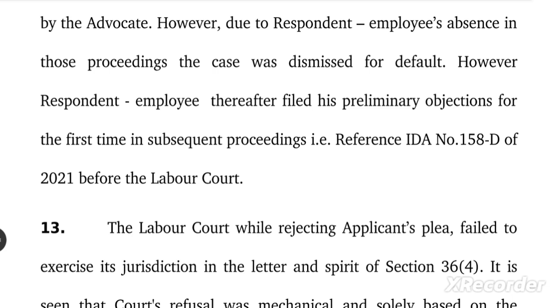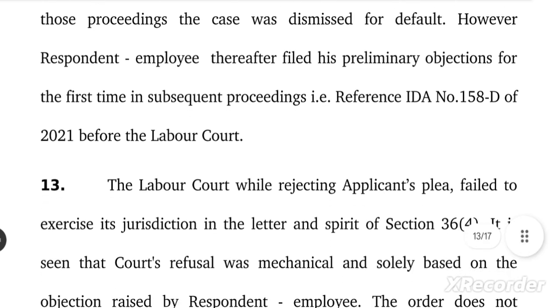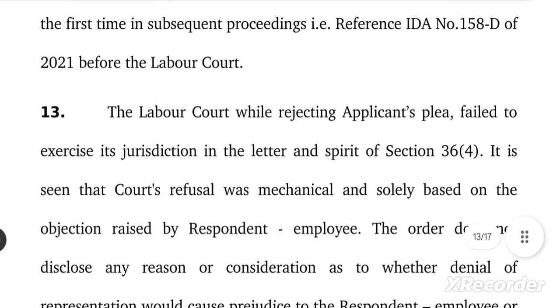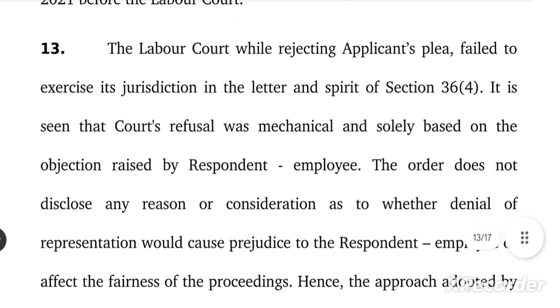However, the respondent employee thereafter filed his preliminary objections for the first time in a subsequent proceeding, that is reference IDA number 158D of 2021 before the Labour Court.